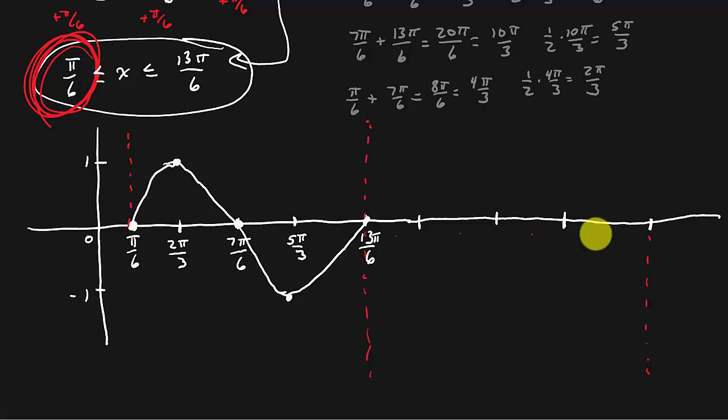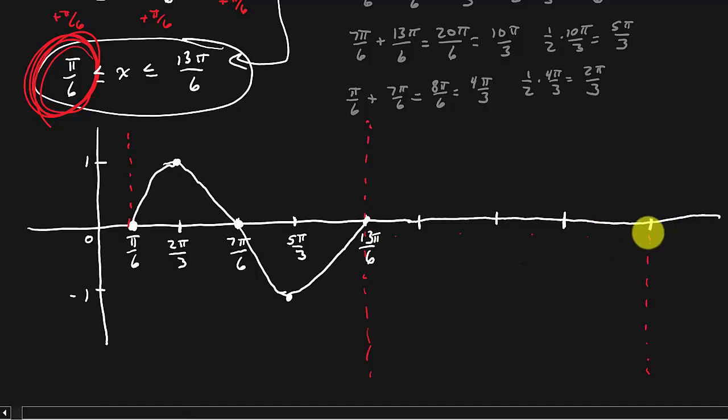All right. So what's the period of the sine function? It's 2 pi, right? Same thing with cosine. The period of cosine is 2 pi. So to get this point here, I can take the 13 pi over 6 and add 2 pi.